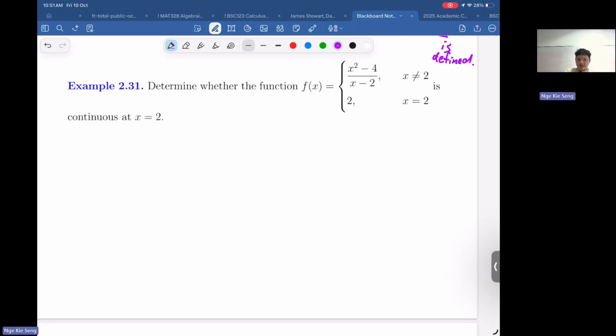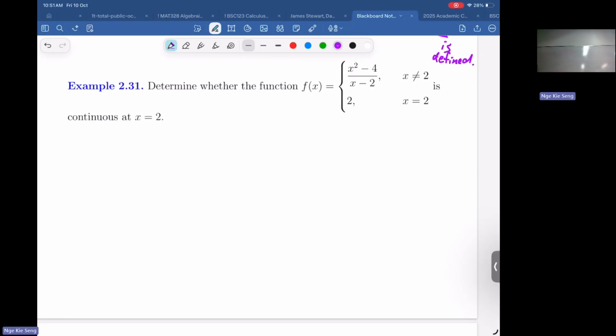How about this? Example 2.31. We do some modification here. We understood that the function (x squared minus 4) over (x minus 2) is not defined at x equals 2. So we do a piecewise definition. I add in a point artificially.